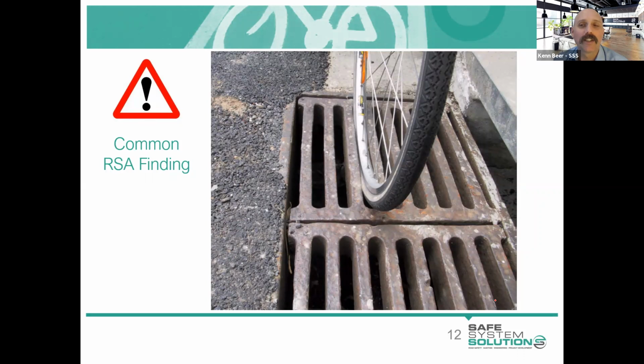And it's such a fundamental thing where a cyclist can drop a wheel into the grate and obviously come off. So the majority of these have been taken off the network. However, you do come across them occasionally, and you also come across them in areas where cyclists might be going where it may not have been as obvious.